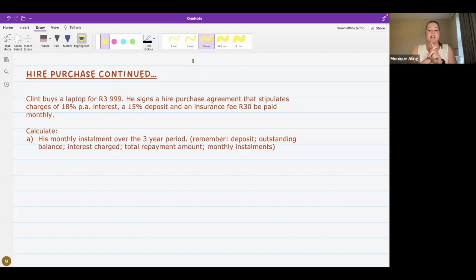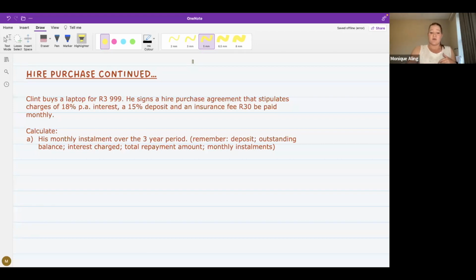Okay, so he has to pay 18% interest per year, a 15% deposit, and, which is something new we haven't seen, an insurance fee of 30 Rand needs to be paid monthly. So the first question asks us his monthly installment over the 3-year period.